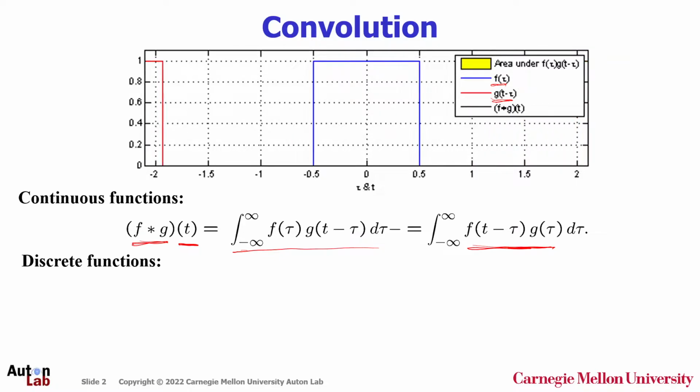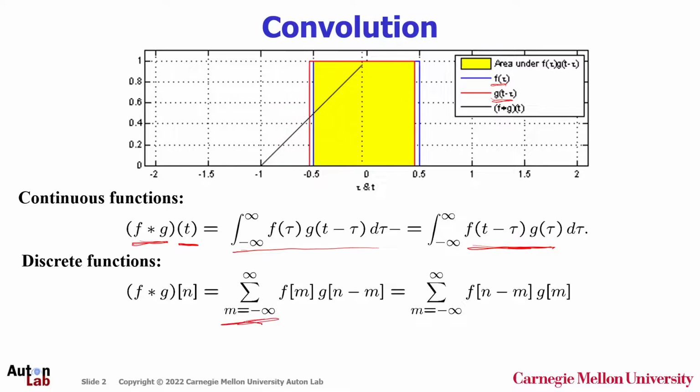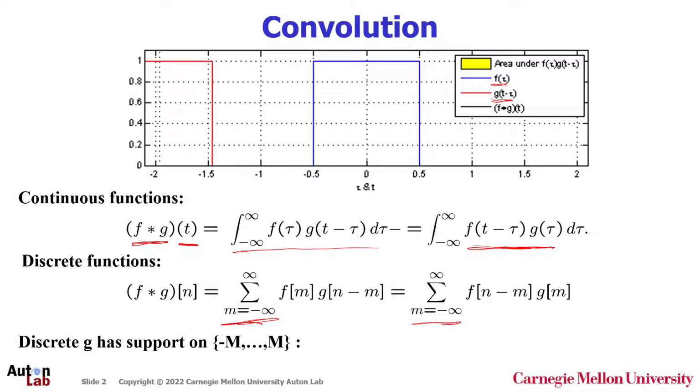As a special case, we can also consider functions whose domains are not the whole real line, but instead they have discrete supports. For example, the set of integers. In this case, everything is the same as before, except the integral becomes a discrete sum. As a special case of this, we can also consider functions whose domains are finite discrete sets.